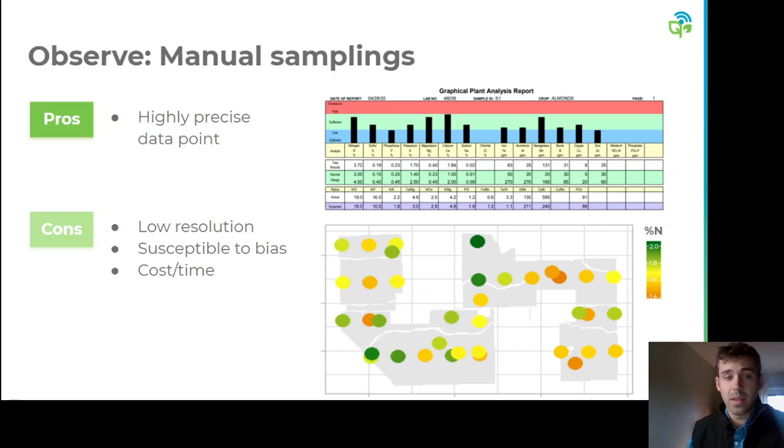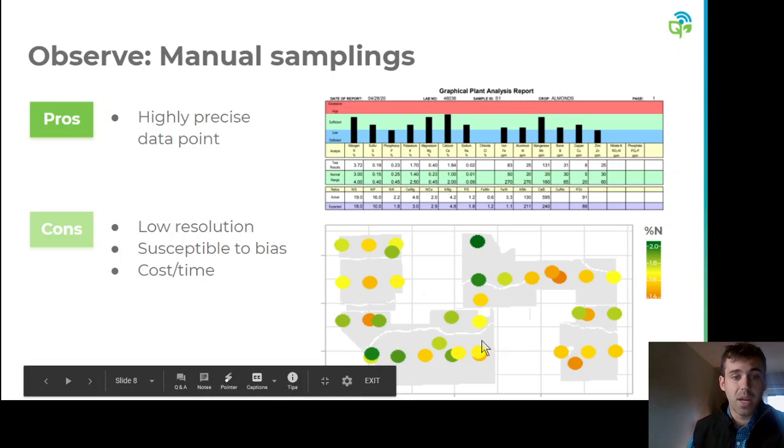I also say that they are susceptible to bias, and that doesn't have to be necessarily a bad thing, but when you send somebody to sample, that sampling protocol has to be always the same. So if that person samples a different side of the orchard, a different amount of trees, or in a slightly different way, the results can change a lot, and that is hard to keep standardized across an entire organization through time.